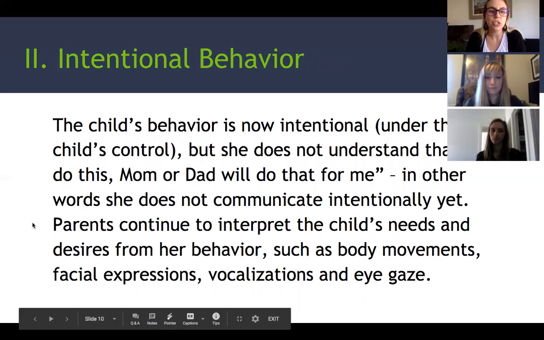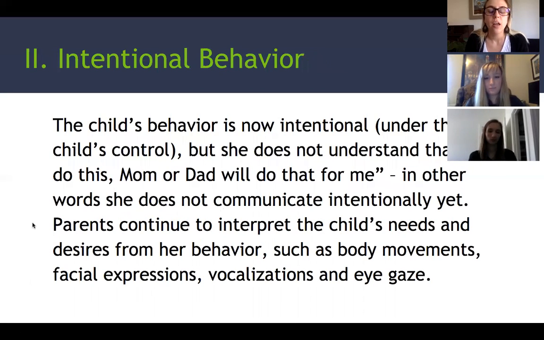So the next stage is intentional behavior. This is when the child's behavior is now more intentional, so it's under the child's control. But she does not quite understand that if I do this, mom or dad will do that for me. They're just kind of starting to learn that I have control of my behaviors, but it's not necessarily that they're making the connection between cause and effect yet.